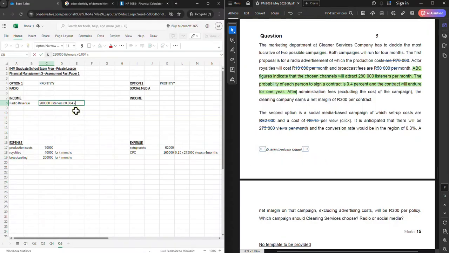Okay, times. How much? Is it times by 4 months? Is it 0.04 or 1.04? Could you do times 1.04? Huh? For the 0.4%. 0.4% is 0.04.